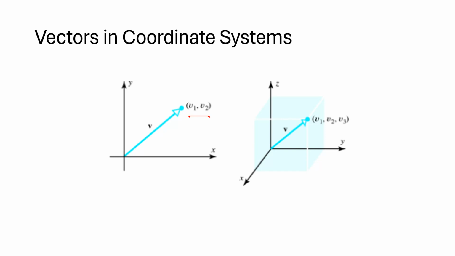In other words, we could say that v is equal to w if v is equal to (v sub 1, v sub 2, v sub 3) and w is also (v sub 1, v sub 2, v sub 3).